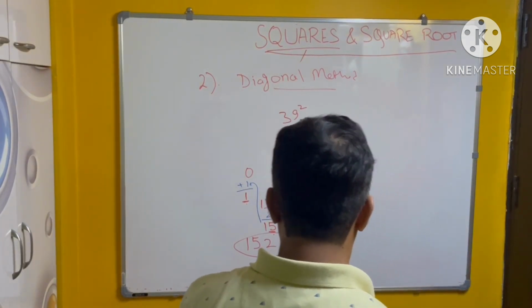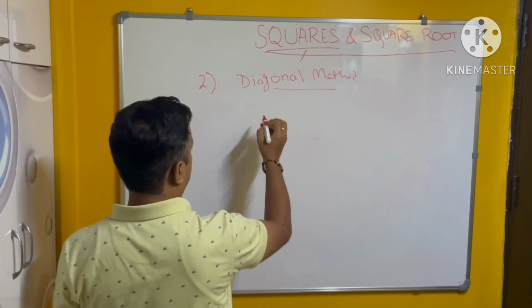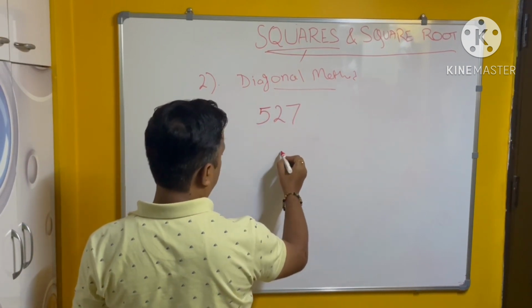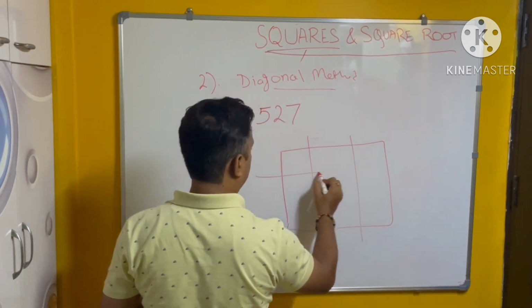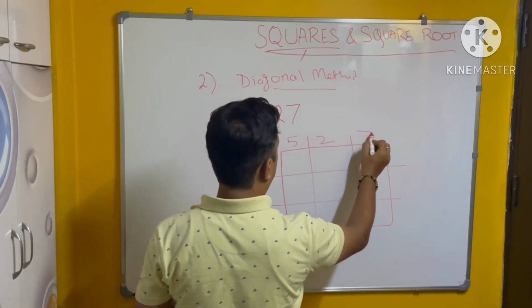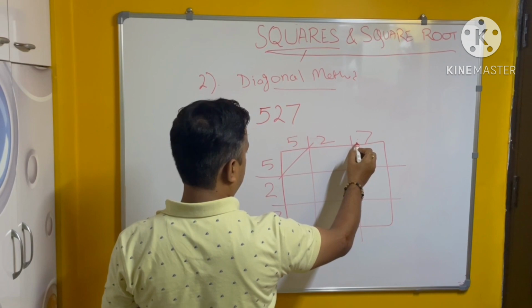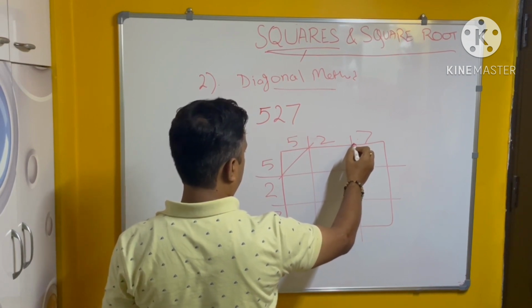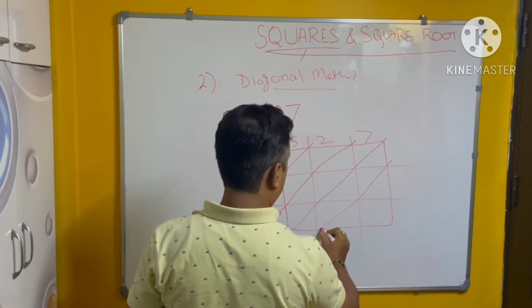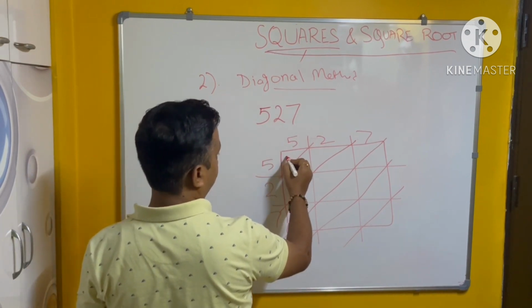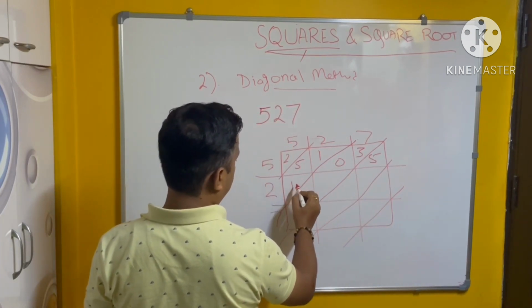In the same way, now I am taking one more example. This was the simple one. 527 times 527. 5 5s are 25. 5 2s are 10. 5 7s are 35. 2 5s are 10.